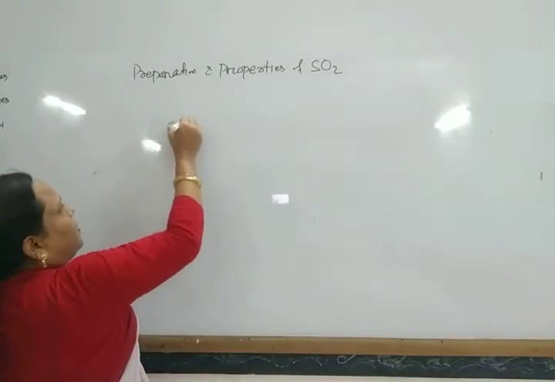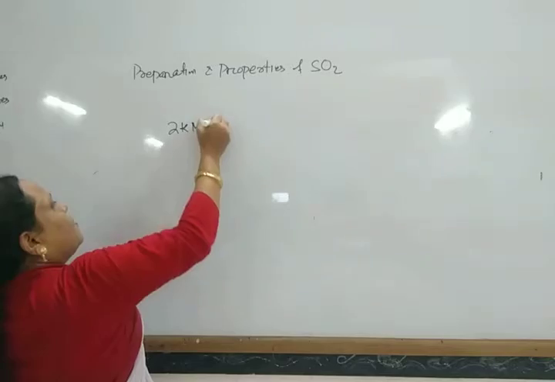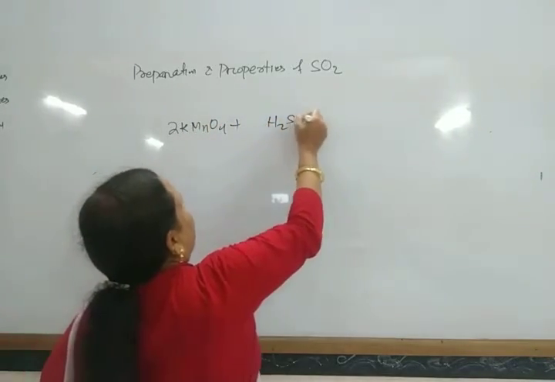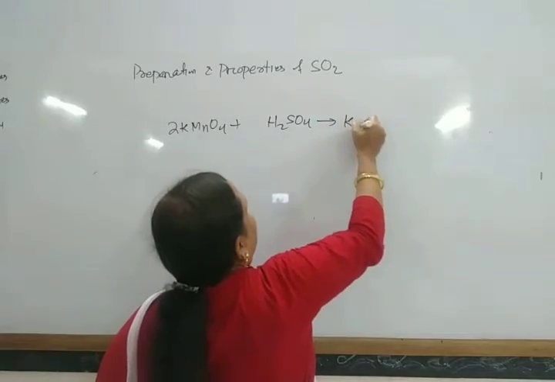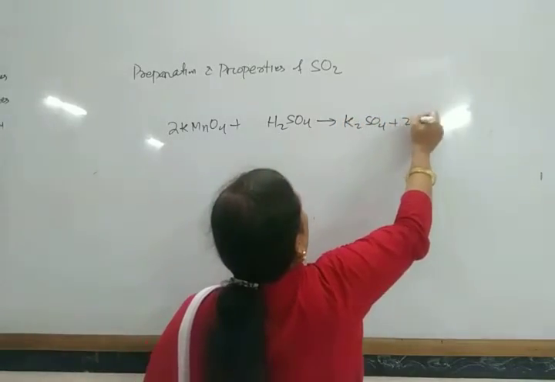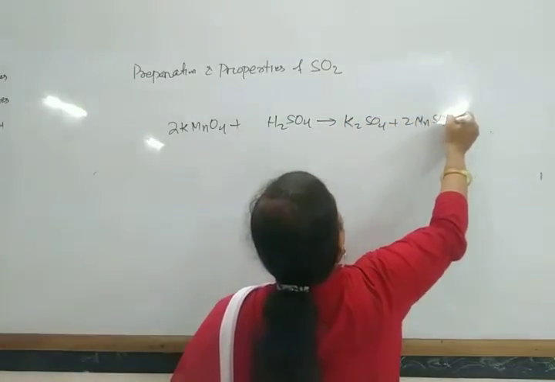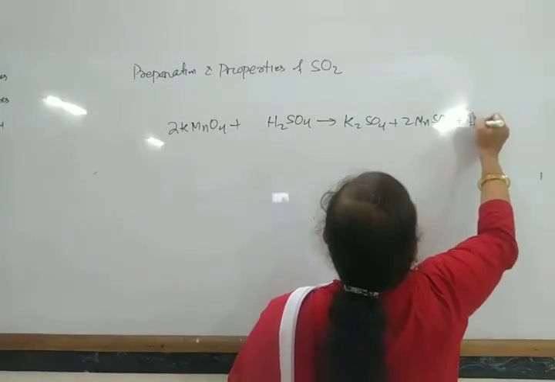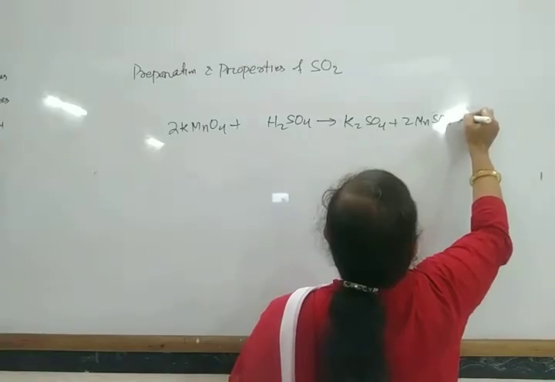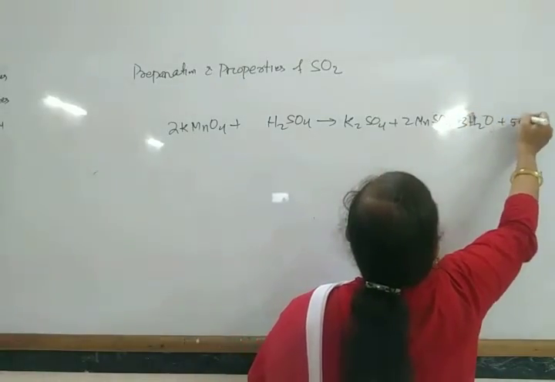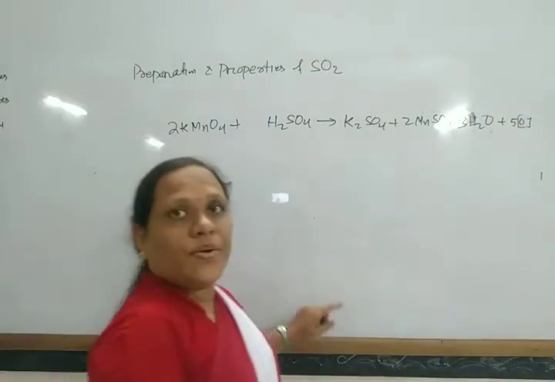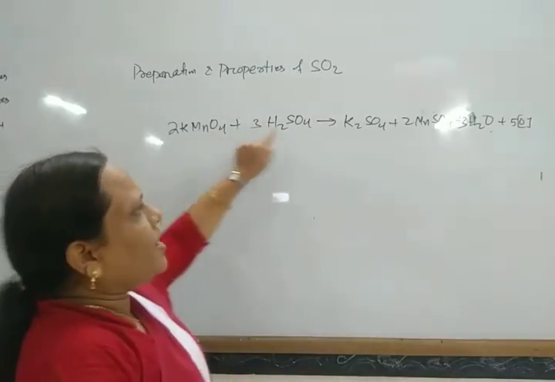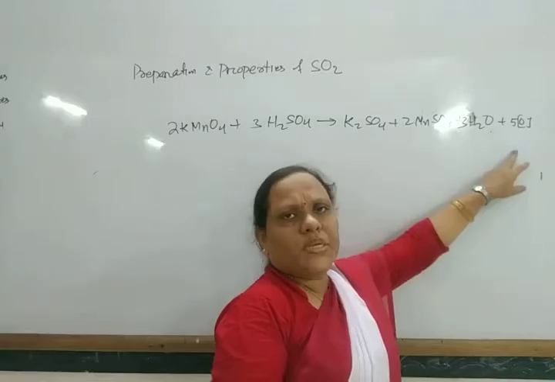So 2KMnO4 plus H2SO4 give rise to K2SO4, 2MnSO4 plus H2O plus 5O.